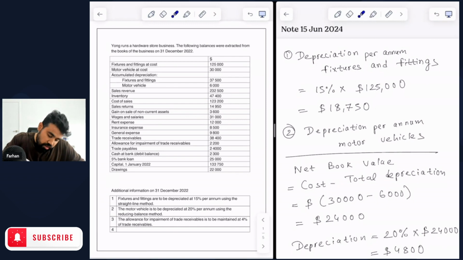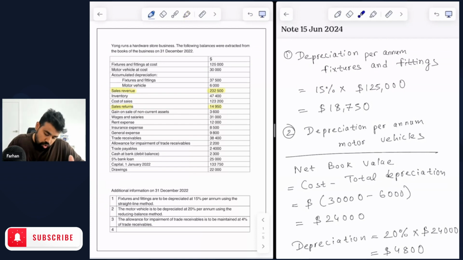So we got sales revenue of 232,500, sales returns of 14,950. To make sure that I haven't missed anything, which is what I suggest you do during exams as well, highlight the numbers that you have already used within your preparation of financial statements. That way you can know if you have missed any important information.